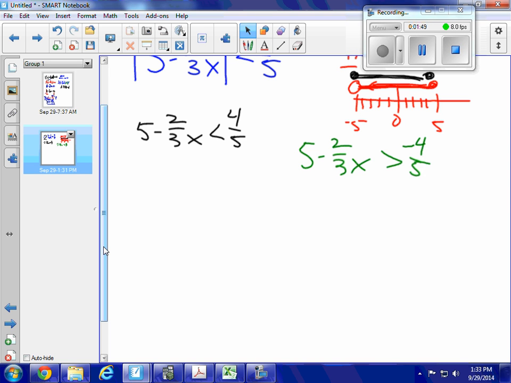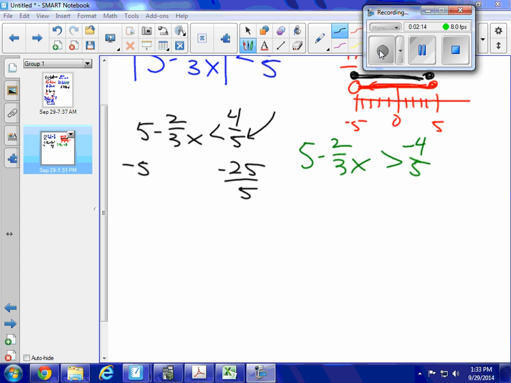So on this one here, I think what I'm going to do is I want to start isolating x. So I'm going to subtract 5 from both sides. But in this case, since I have a fraction right there of 4/5, I'm not going to make this minus 5. I'm going to make it minus 25/5, because in order to do addition or subtraction, I have to have a common denominator.